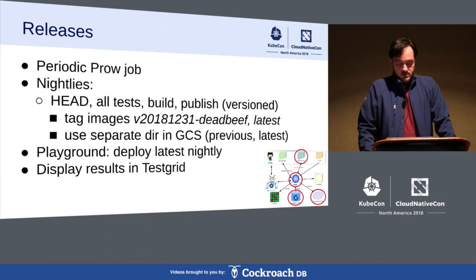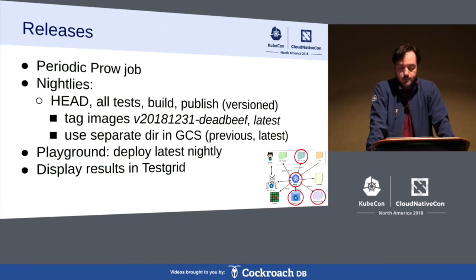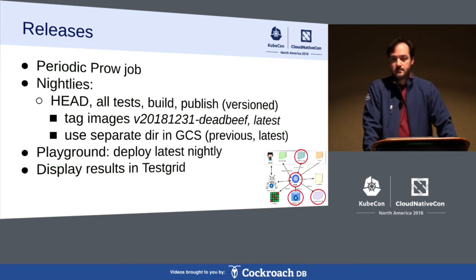And about releases, those are periodic prow jobs, and we have right now two different kinds of release. We have nightlies. They are built against head. Basically, run all tests, they passed, build Knative, publish, tag the image with a date and a commit hash so you know where they came from, and also tag them latest.